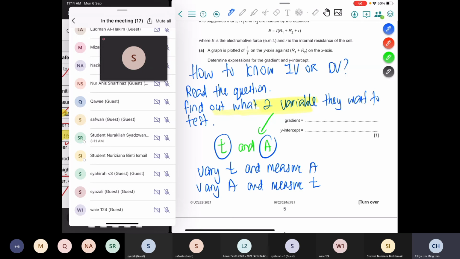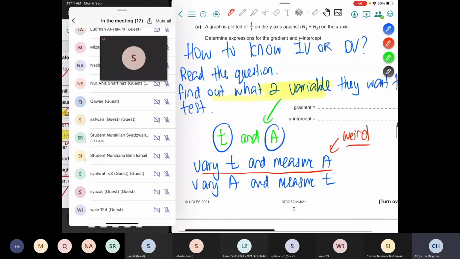This statement is a bit weird. You are changing the time taken? How do you change the time, then measure the area of your cylinder?